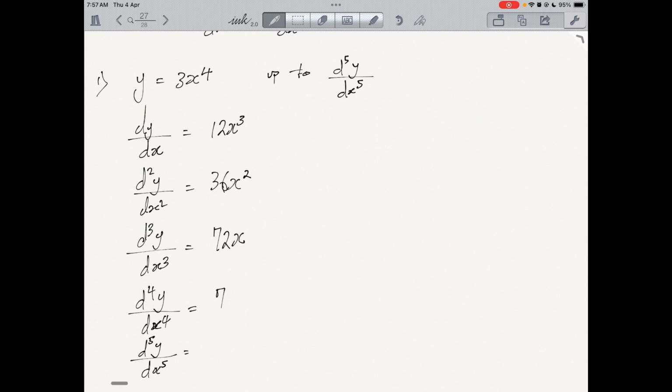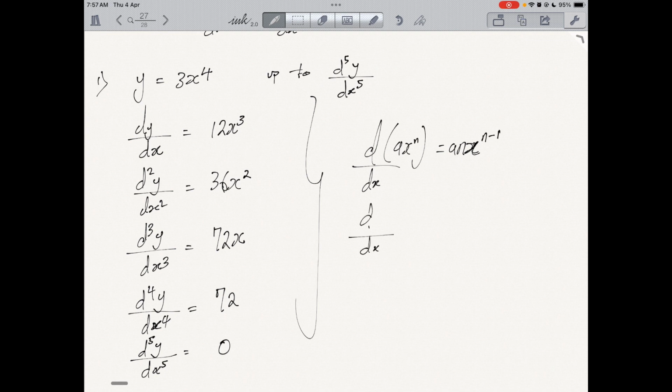Differentiating 72x, we have 72, and differentiating 72, we have 0. Now all these are applications of our second video that says when we differentiate a x raised to power n, we get a n x raised to power n minus 1. And notice that the differentiation with respect to x of a constant is equal to 0.